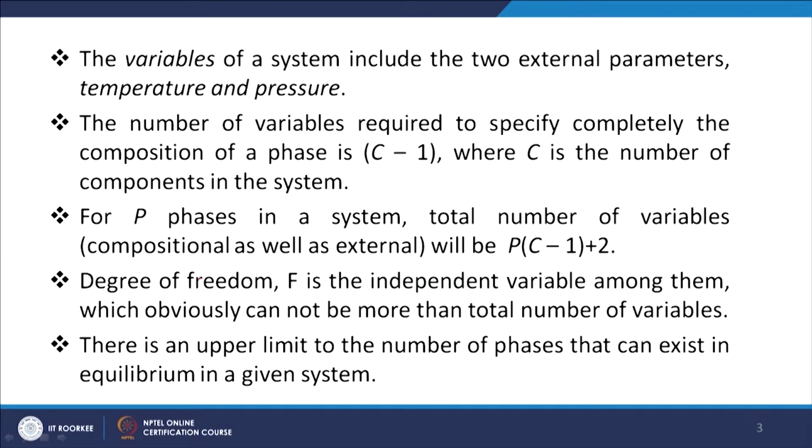For p phases, you will have p into C minus 1, and if you take the other two external parameters, temperature and pressure, then it becomes p into C minus 1 plus 2. Now, the degree of freedom, defined as f, is the independent variable among them, and it cannot be more than the total number of variables, that is p into C minus 1 plus 2.